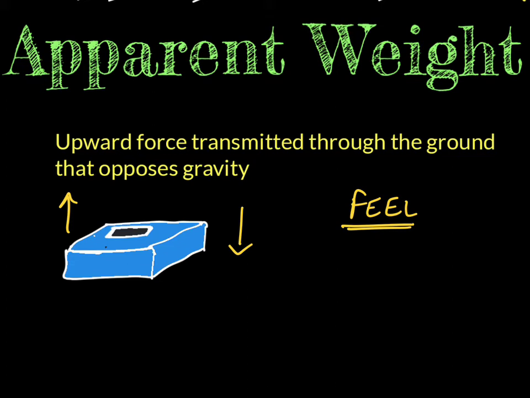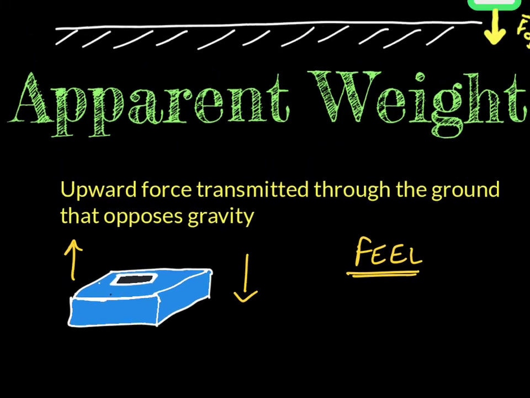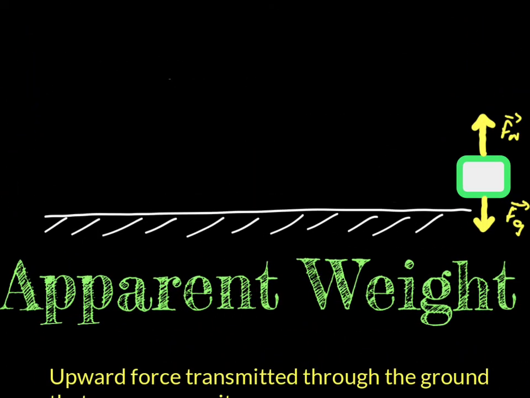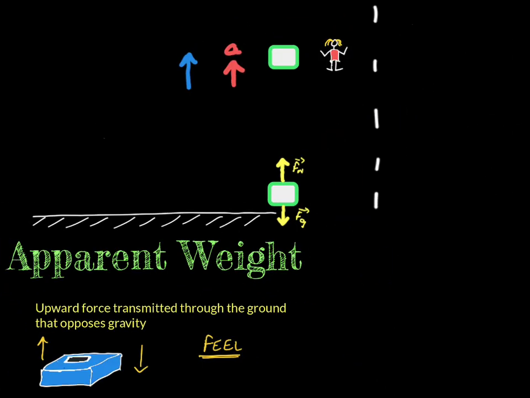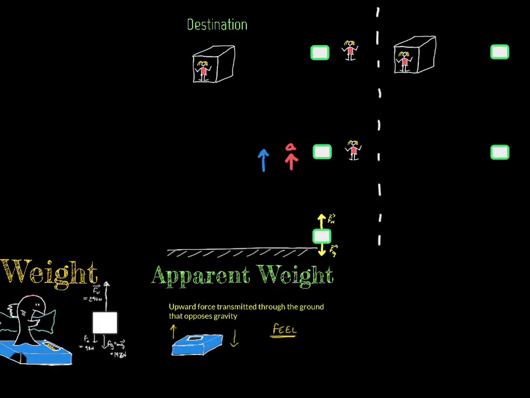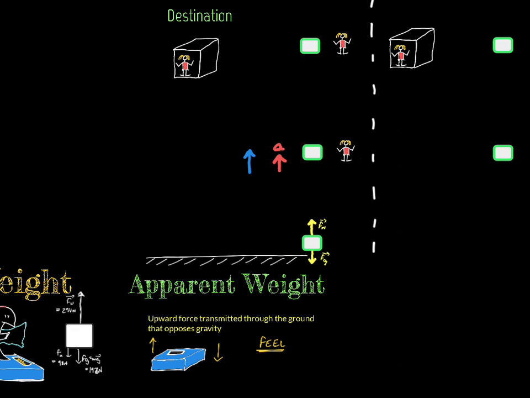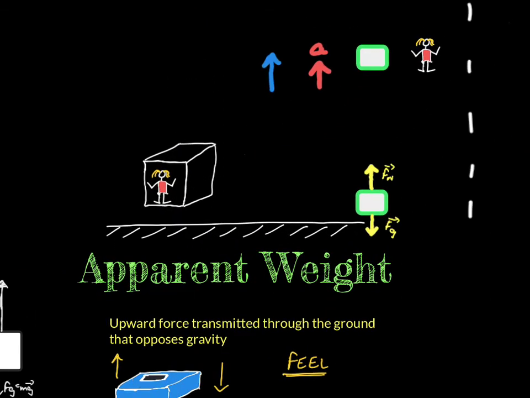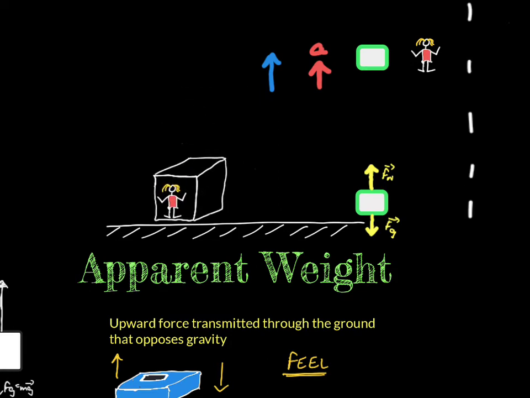And there's another example that I want to show you, which is where the Fn can be increased or decreased by acceleration up or down. If we use this as an example, we've got a situation where we've got a plucky volunteer, and this volunteer is going to help us out, and can go up or down in the elevator.